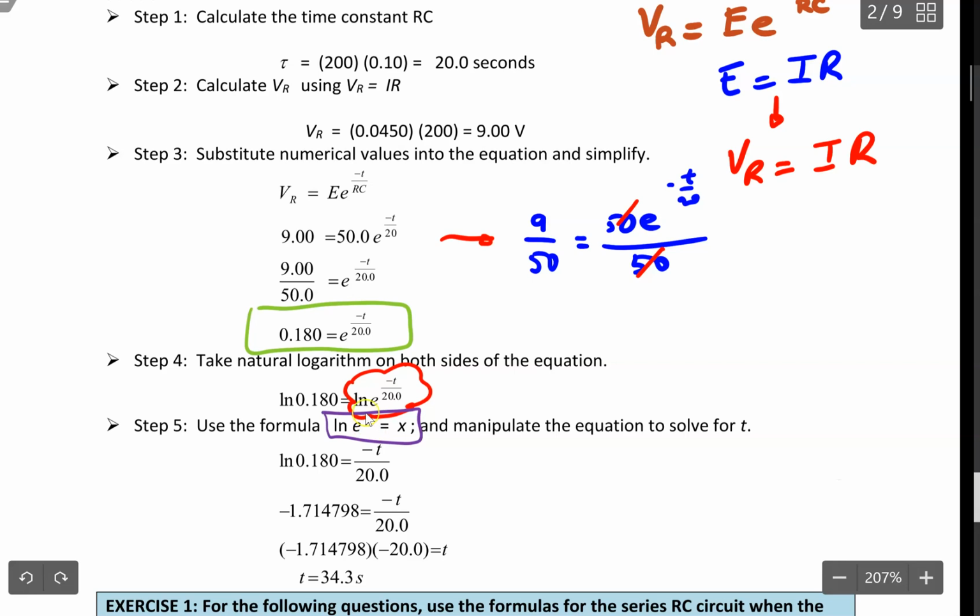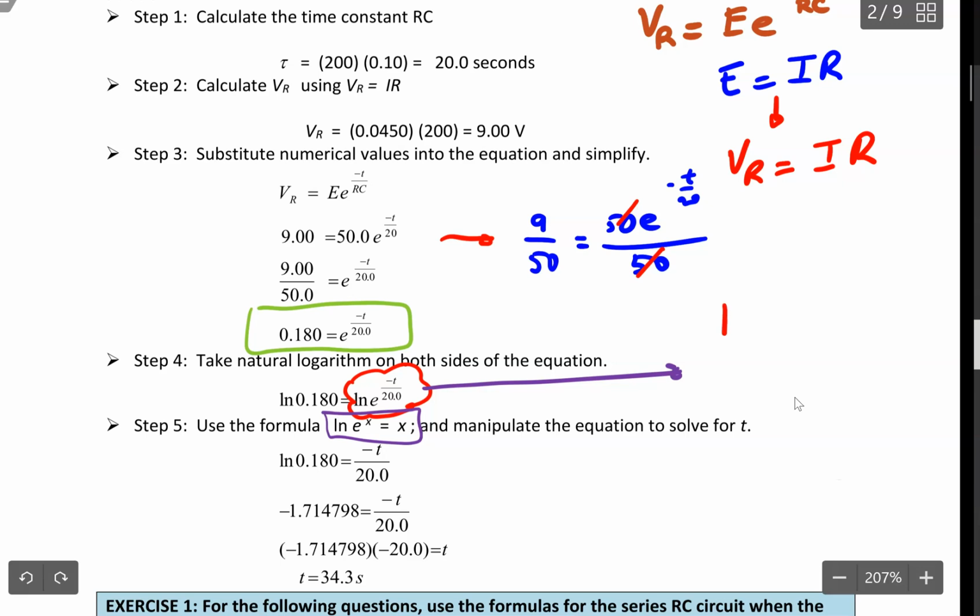That means you can eliminate the log of e here, and the other side of your equation will equal just the exponent of this argument, right? The argument for this natural logarithm is e raised to the exponent of negative t over 20.